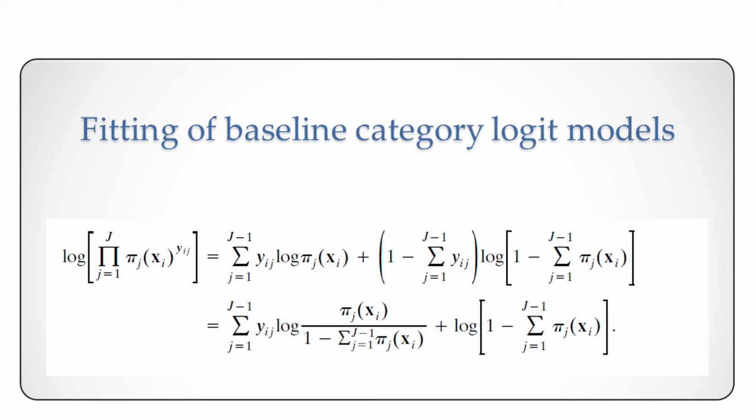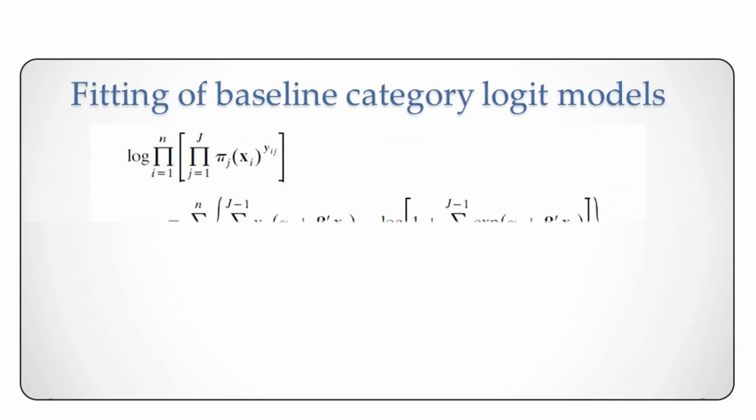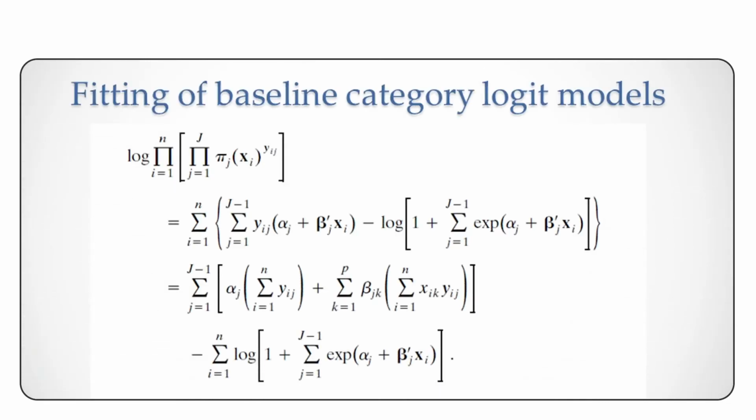However, in practice, this is rather complicated because it turns out that when we find the likelihood for the n individuals, log of product i equal to 1 to n, product j equal to 1 to capital J, pi j xi to the power yij, this turns out to be summation j equal to 1 to J minus 1 alpha j into summation 1 to n yij, plus summation k equal to 1 to p beta jk into summation i equal to 1 to n xik yij, minus summation i equal to 1 to n log of 1 plus summation j equal to 1 to J minus 1 exponential of alpha j plus beta j prime xi.